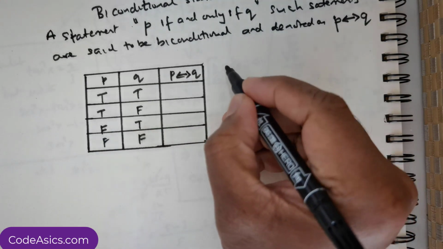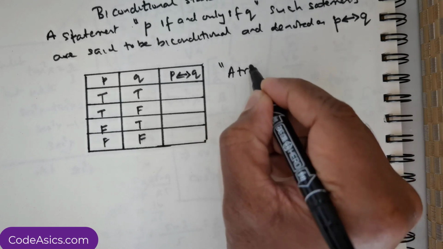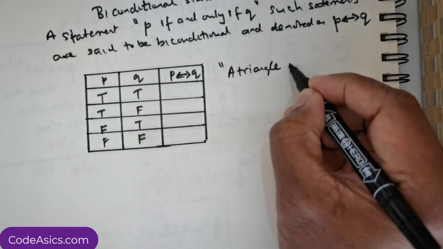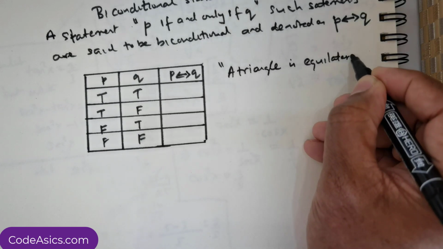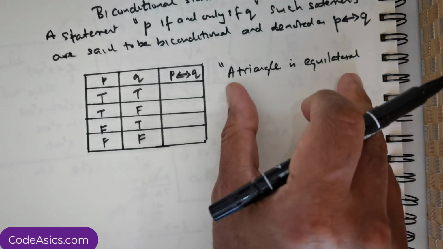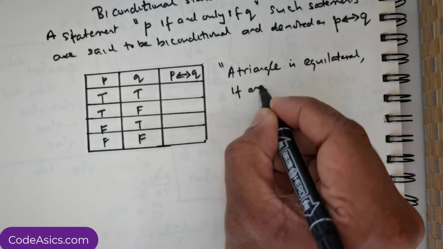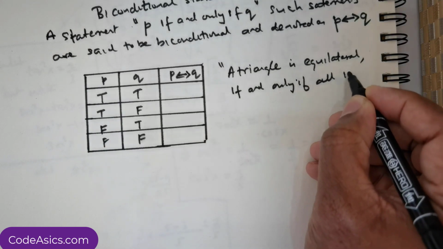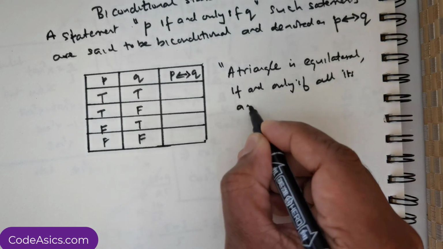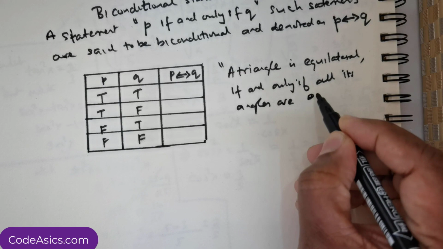Now this is the example I'm going to give you. A triangle is equilateral. So this is P. This can occur if and only if all its angles are 60 degrees.